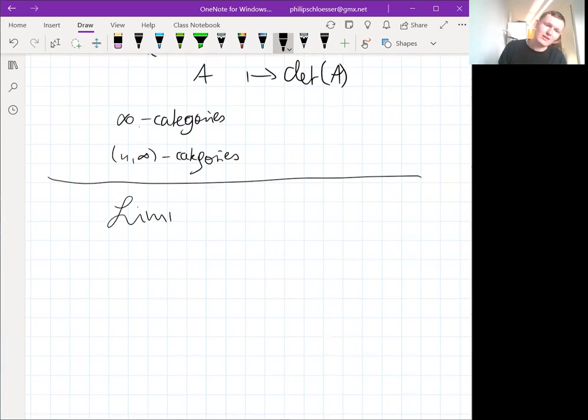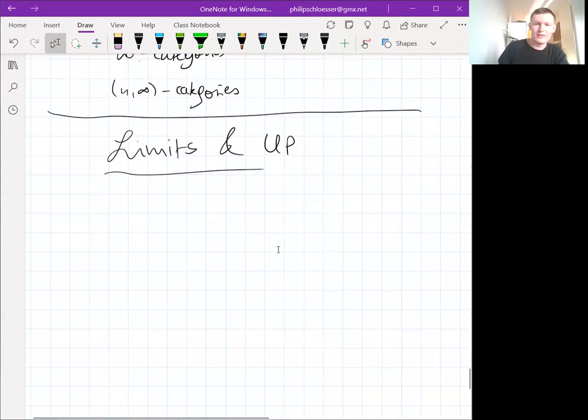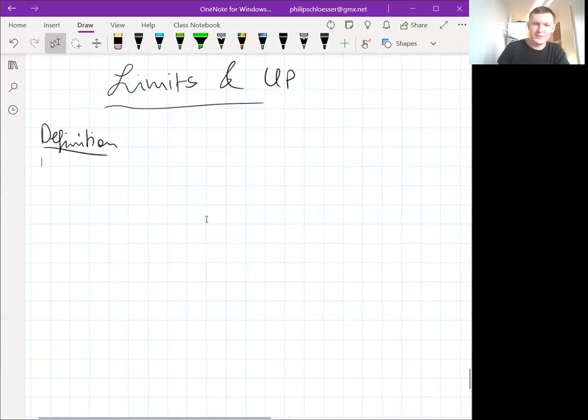And this falls under the hat or whatever of limits and universal properties, I guess. And we are going to begin, what a surprise, with another definition. Let C be a category.